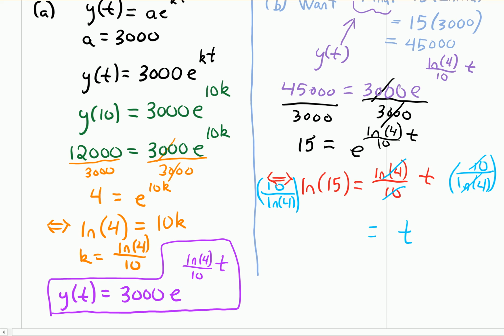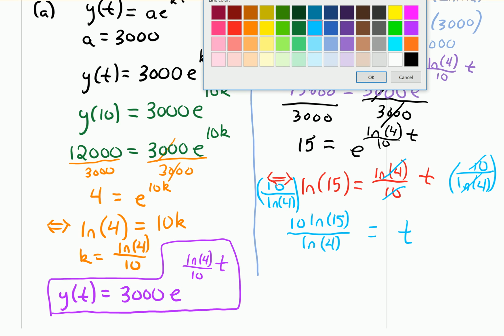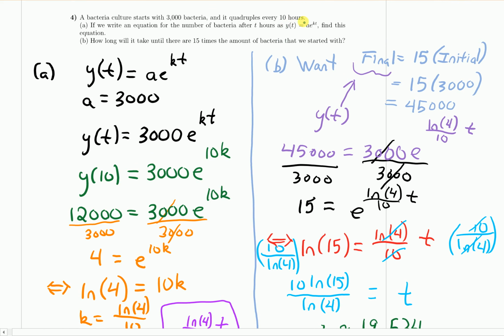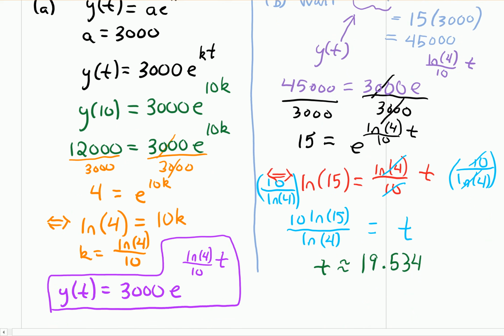On the left-hand side, I get 10 ln of 15 on top, over ln of 4 on the bottom. Plugging that into a calculator, t is approximately equal to 19.534, rounded to 3 decimal places. The units of time for this question were hours, so the units here are hours. That's my answer.